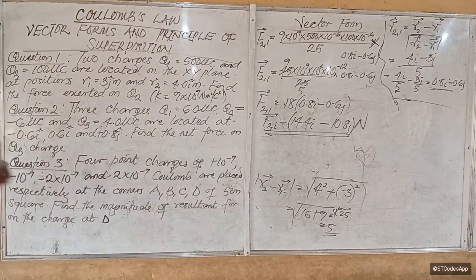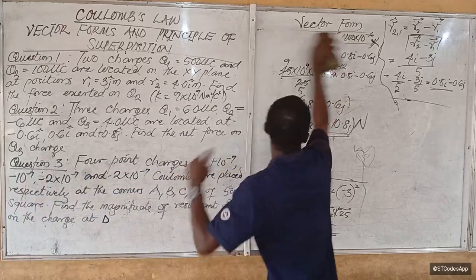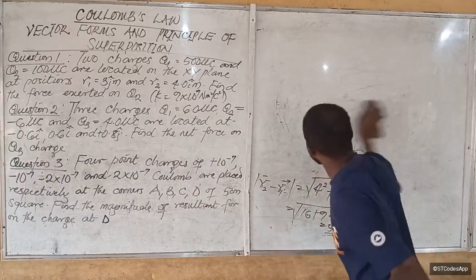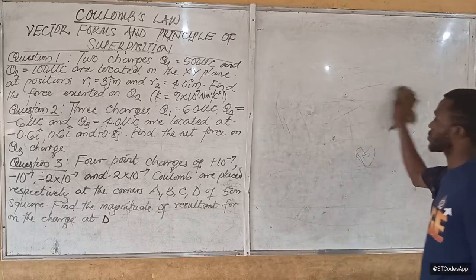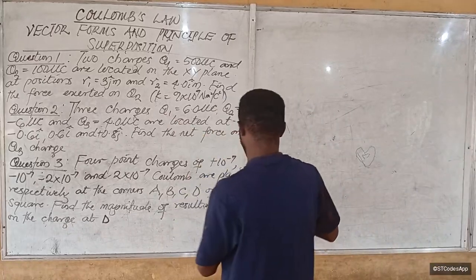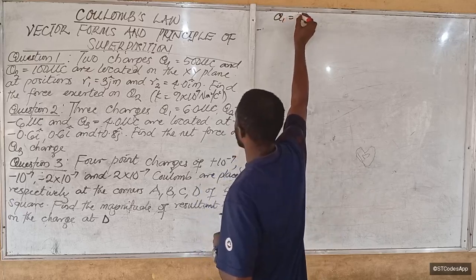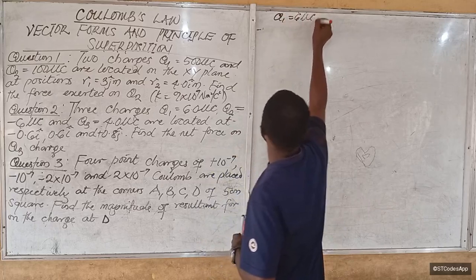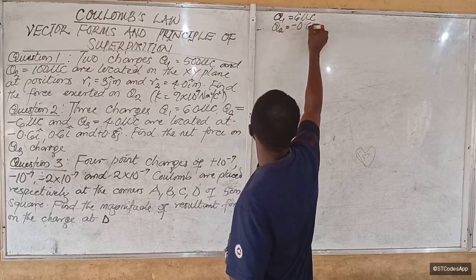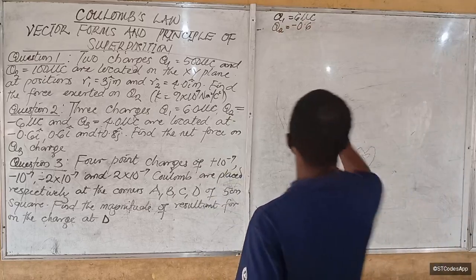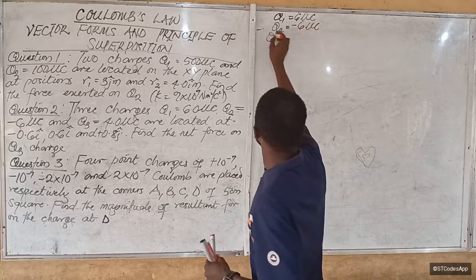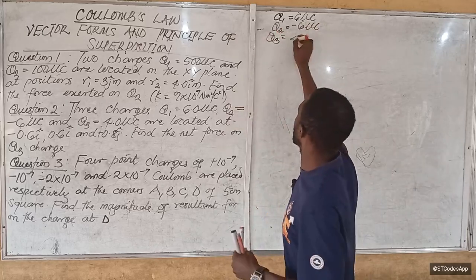All right, let's solve the second question. It says 3 charges: Q1 is equal to 6 microcoulomb, Q2 is equal to minus 6 microcoulomb, and Q3 is equal to 4 microcoulomb.